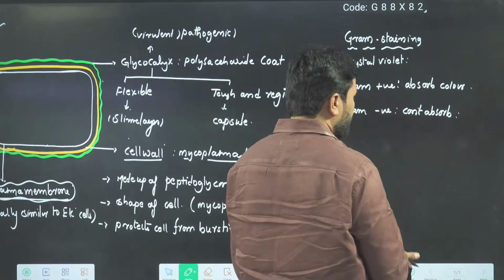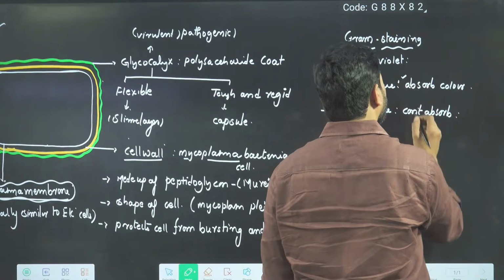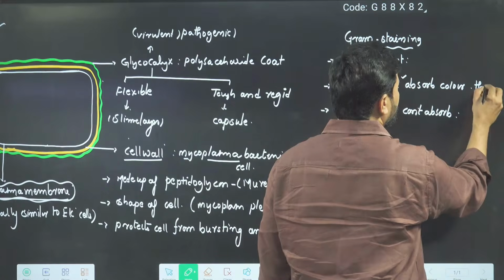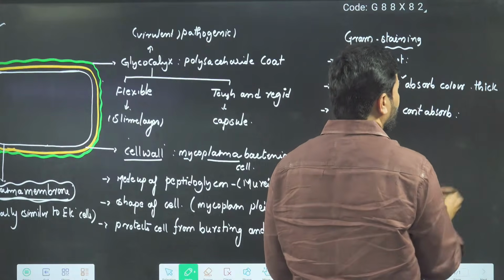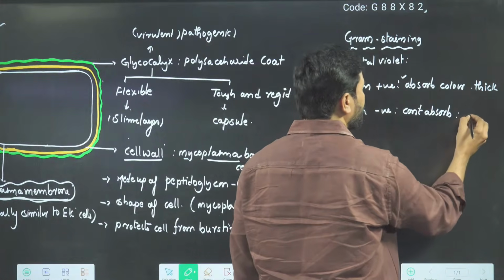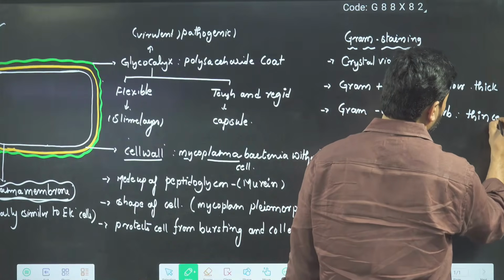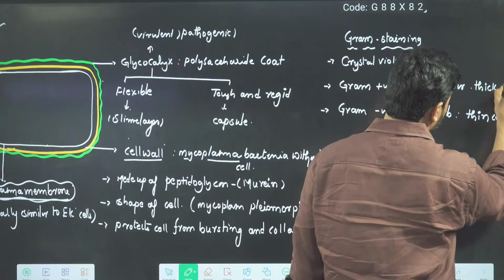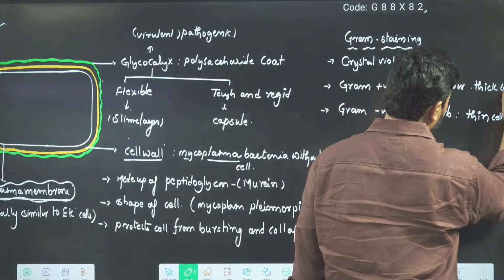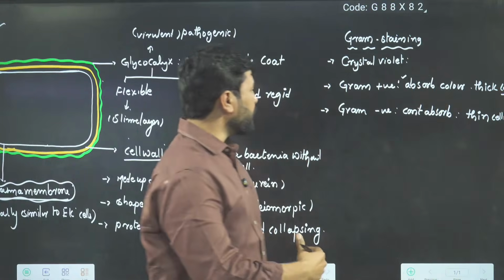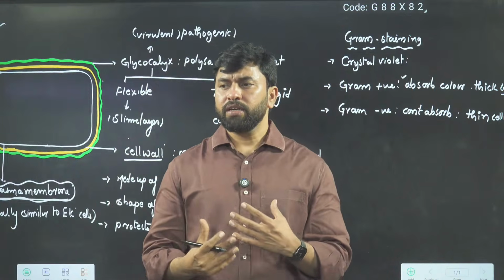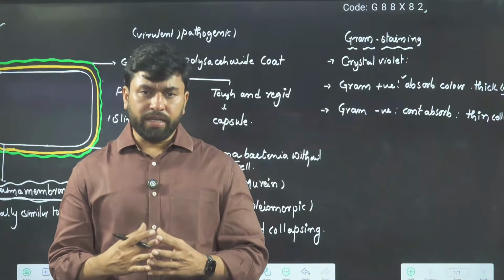That altogether means gram positive bacteria will have a thick cell wall. The cell wall is very thick. Gram negative bacteria have a cell wall that is thin. Cell wall very thick in gram positive, very thin in gram negative bacteria. This might be clearly understood like this.